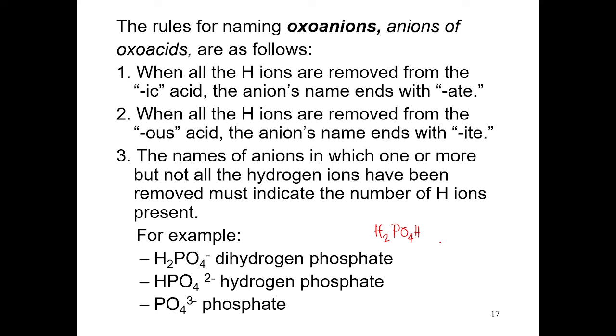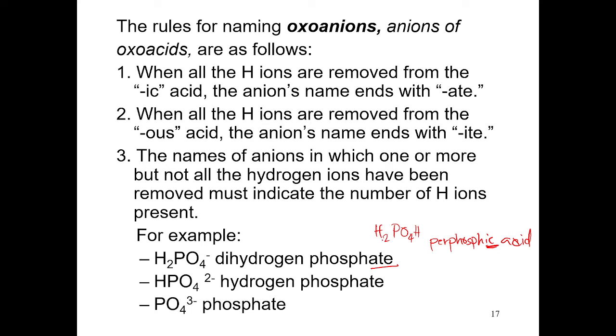So that will be per-phosphoric acid. Okay. So as you can see here, the -ate will become -ic.